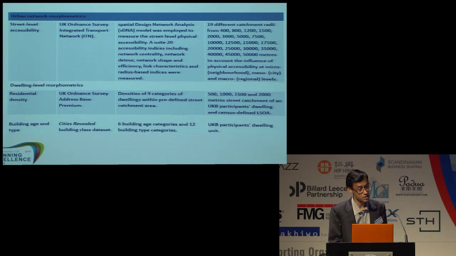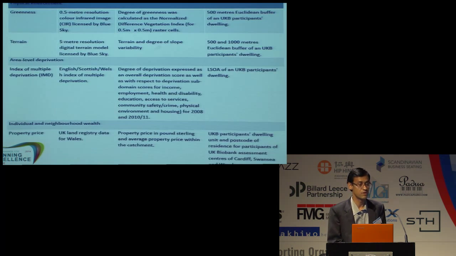Now, residential densities, building type, and age. Then you have sub-meter level color infrared images to measure the urban greenery, in terms of normalized difference vegetation index, and we calculate the mean and standard deviation in greenness within a 500 meter buffer. The Digital Terrain Model is used to calculate the slope variability within 0.5 and 1 kilometer Euclidean buffers around a participant's dwelling.